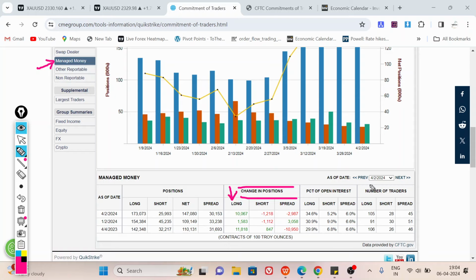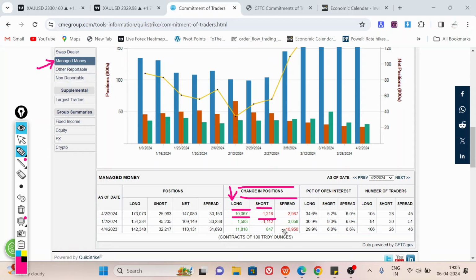In the previous two COT reports, we saw some decrease, or you can say some long covering, by managed money, but this time they are again adding to net long positions. And now you can see in the short column, they are also decreasing their short positions.